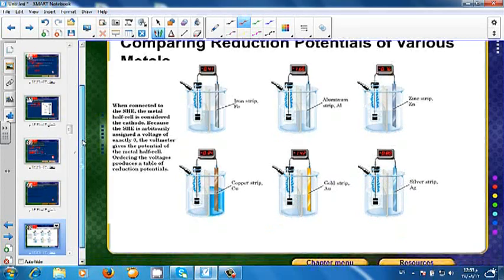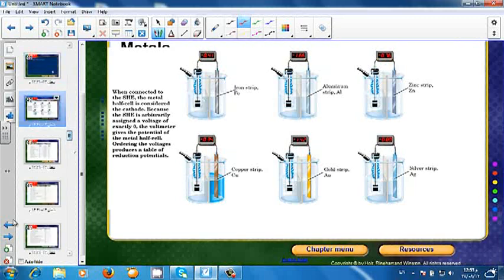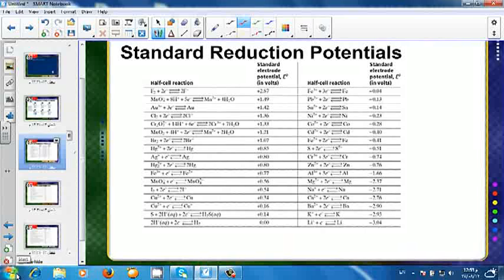So we got all of these values and we put them in a table, and we will use this table as a reference for us to calculate the total electric potential for any cell.